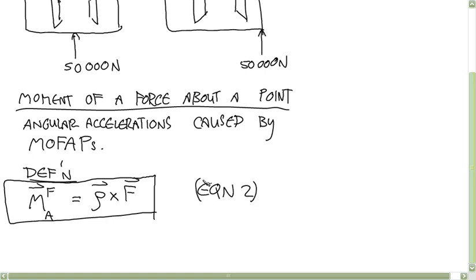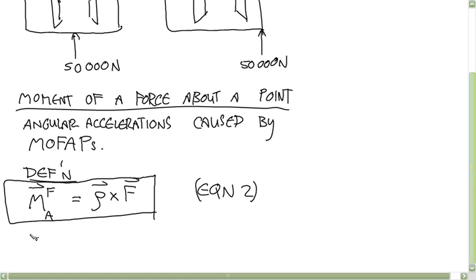This class is great because we're only going to have 5 equations in the whole class. And it's just going to be using them over and over and over again. So this is equation 2. So with that few equations, you know that the ones I put numbers on are going to come up a lot. It's important.